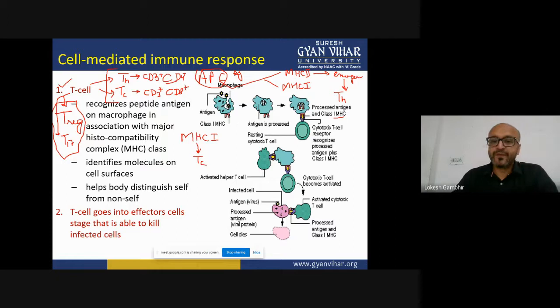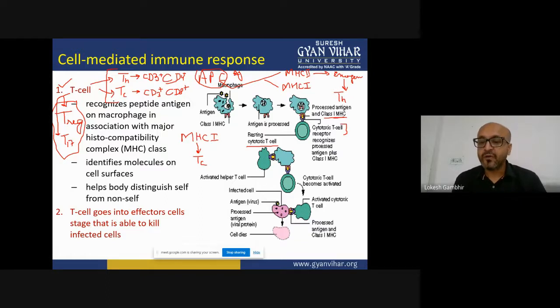So what is happening? When the antigens are processed and presented, say, by MHC class 1, then cytotoxic T cells will be coming, they will be binding with the presented antigen along with the MHC, and that is the responsibility of TC cells, which are resting, to identify and get in touch with the presented antigen on the surface, and then start mounting the responses.